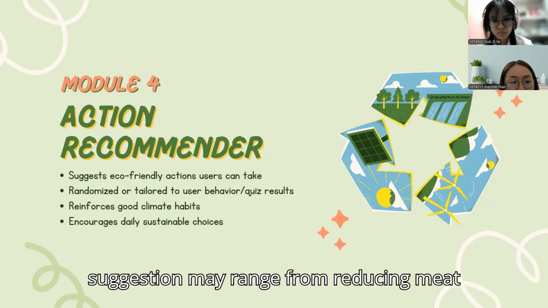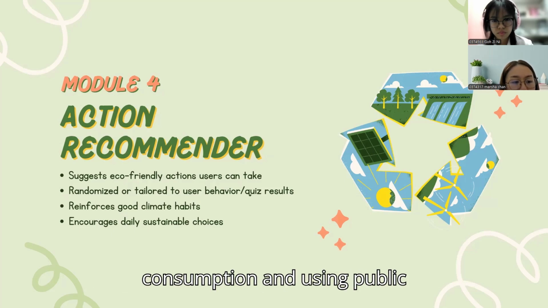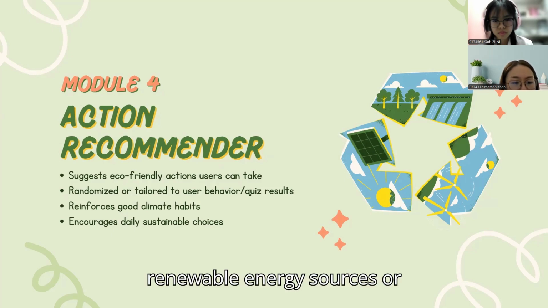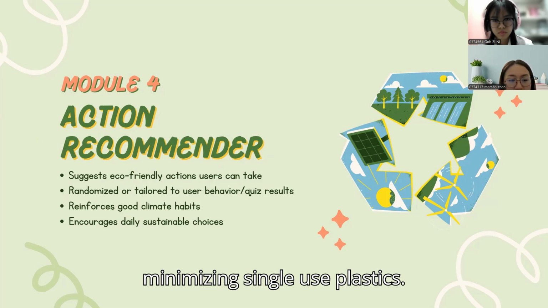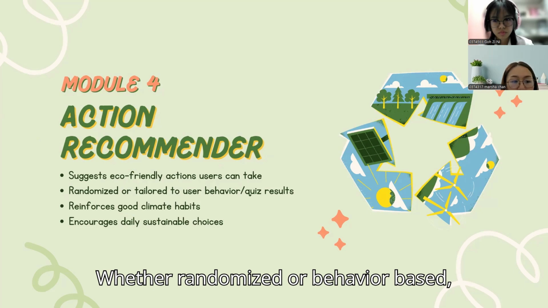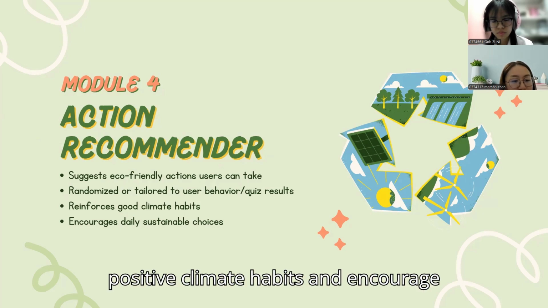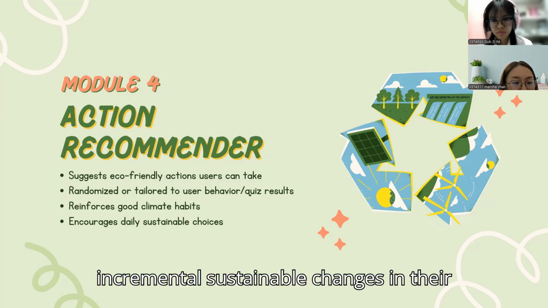These suggestions may range from reducing meat consumption and using public transportation to switching to renewable energy sources or minimizing single-use plastics. Whether randomized or behavior-based, each recommendation reinforces positive climate habits and encourages incremental, sustainable changes in their daily life.